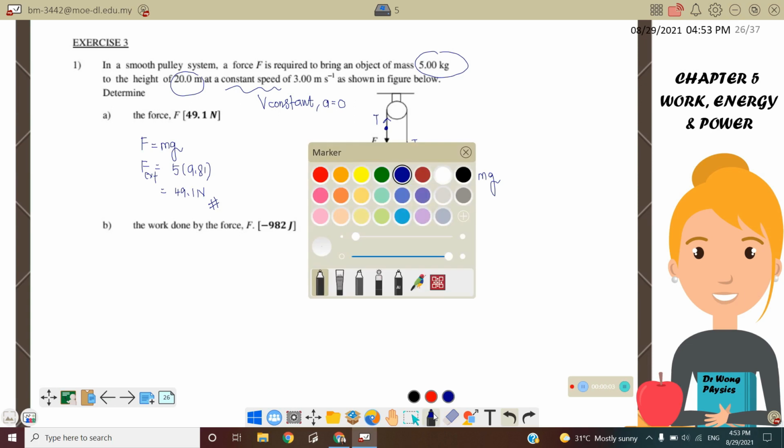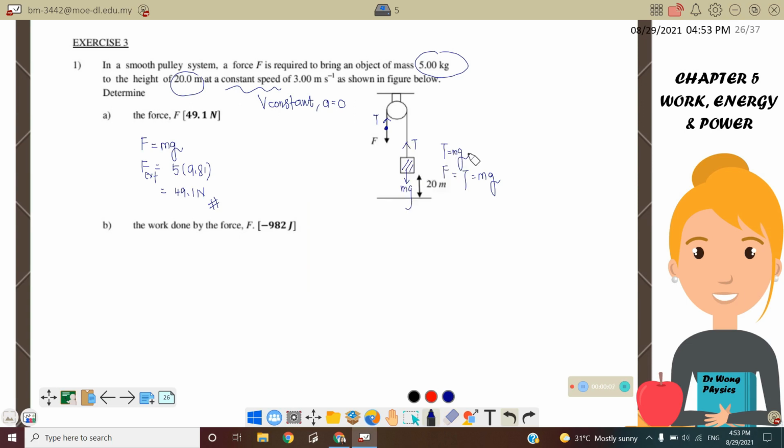Next, question 1b: determine the work done by the force. The force we are referring to is F external. Work done by F external equals F external times the displacement times cos theta.